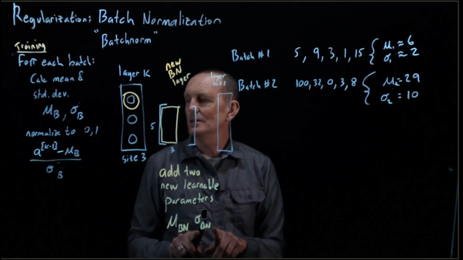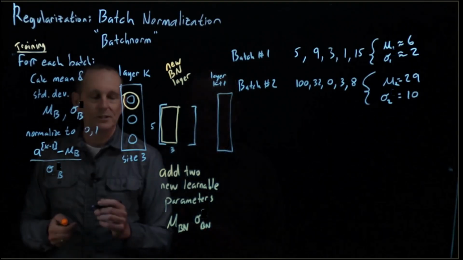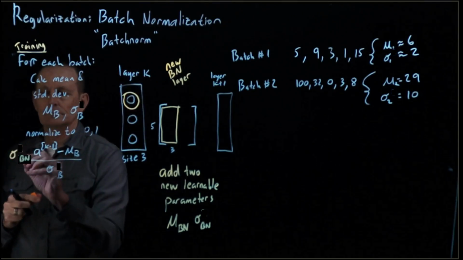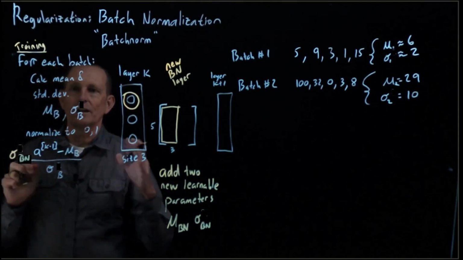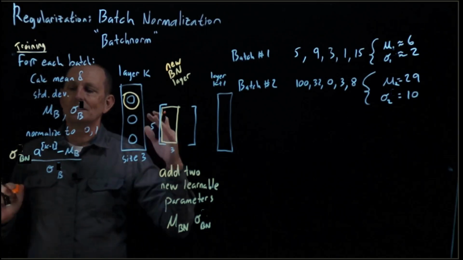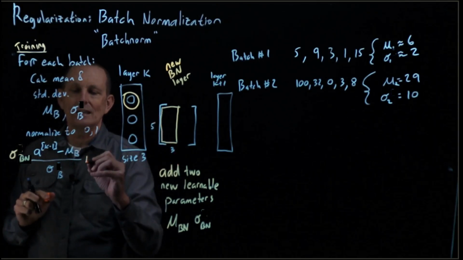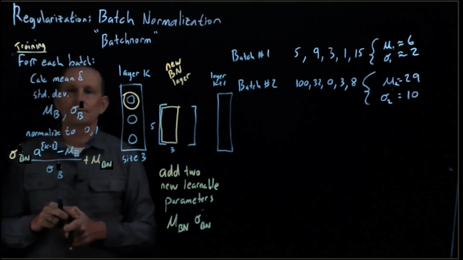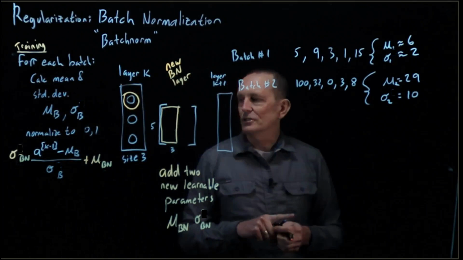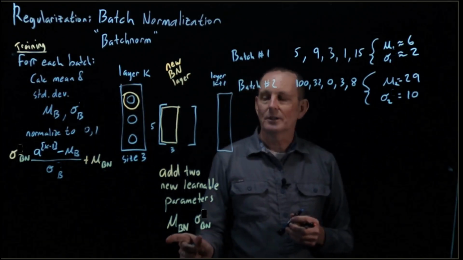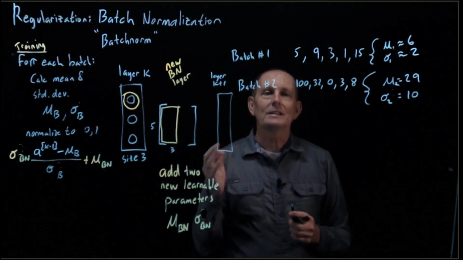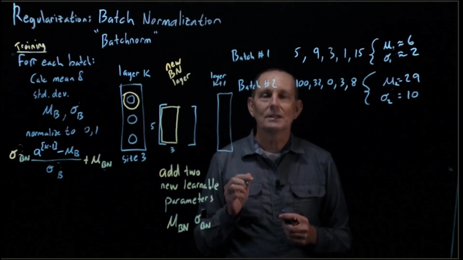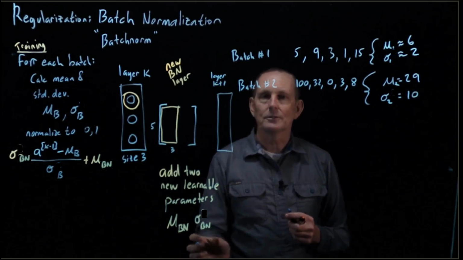We're going to multiply by sigma sub bn, so that'll scale it from 0 to 1 to 0 to sigma squared, and then add in mu sub bn. Assuming we had these as fixed values, as every batch comes in, it's going to get rescaled so that its mean and standard deviation are these values.